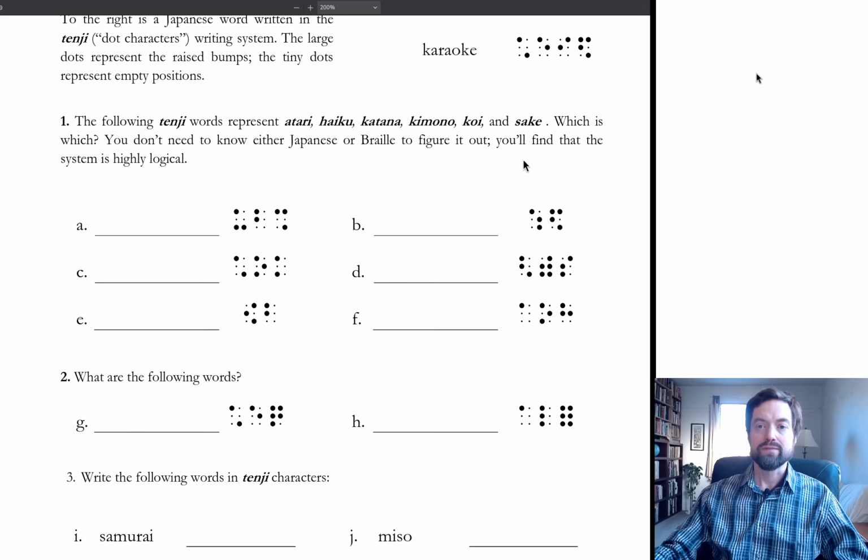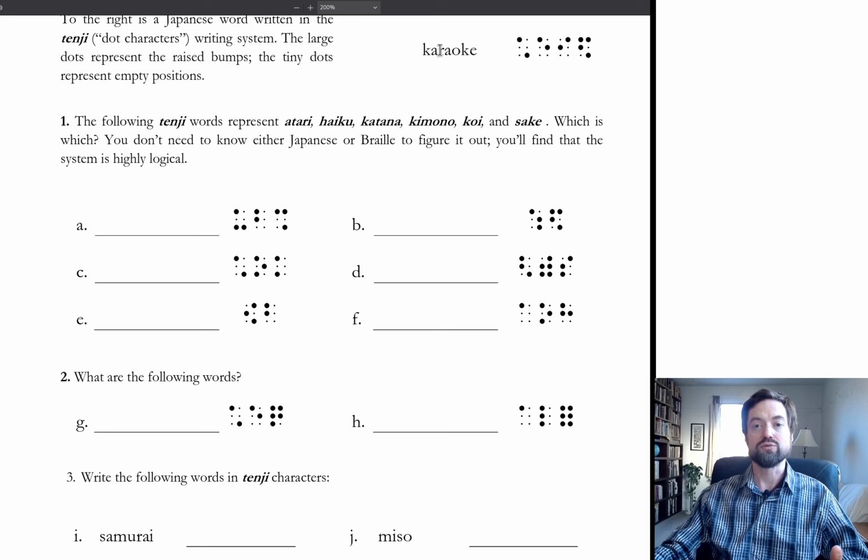So this word karaoke consists of 4 letters. This is something to get used to with the way that Japanese works, because we have 7 letters in English, but only 4 in the way the Japanese writing system works.